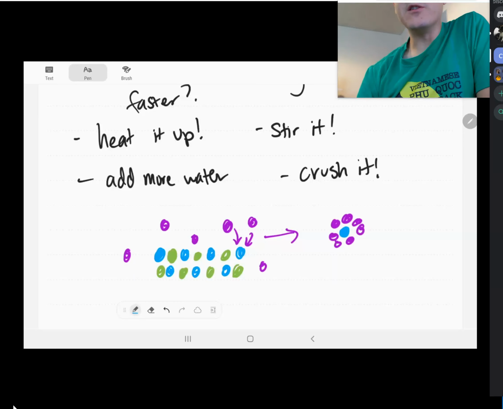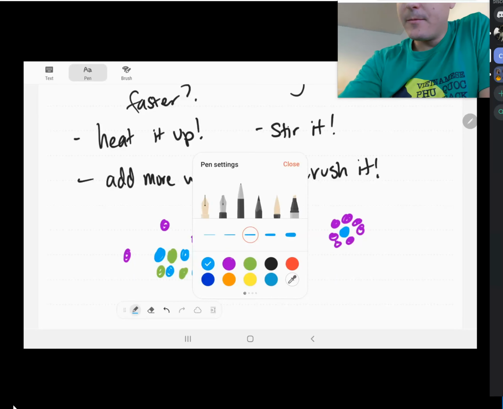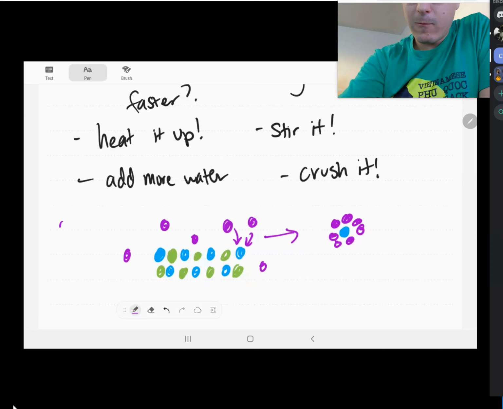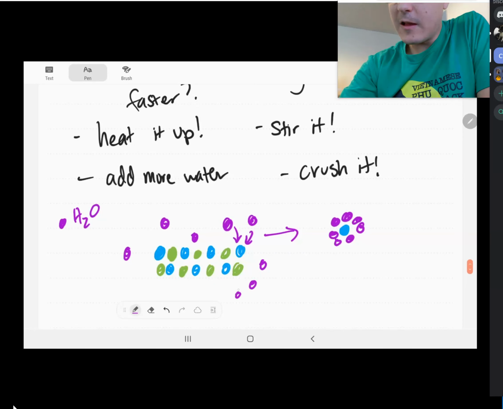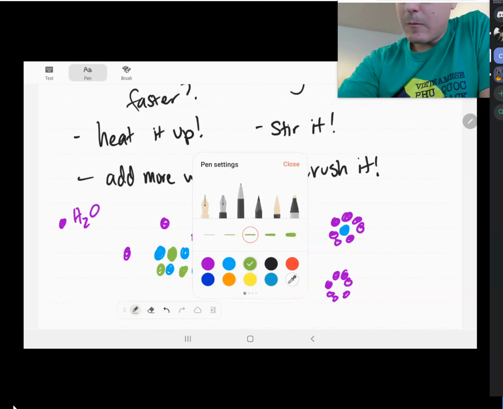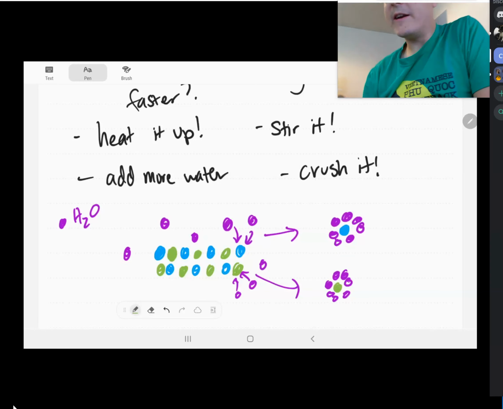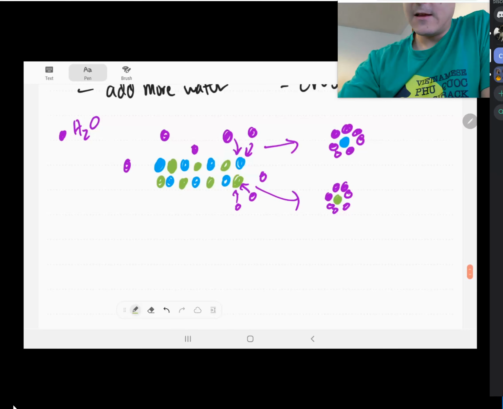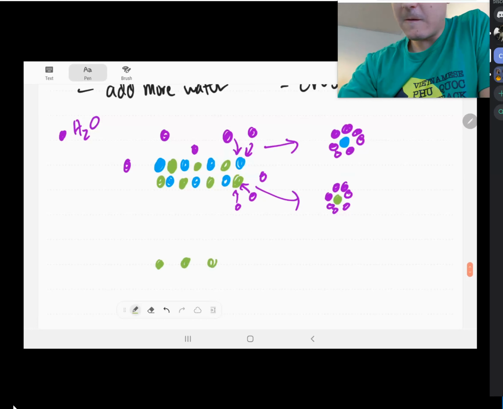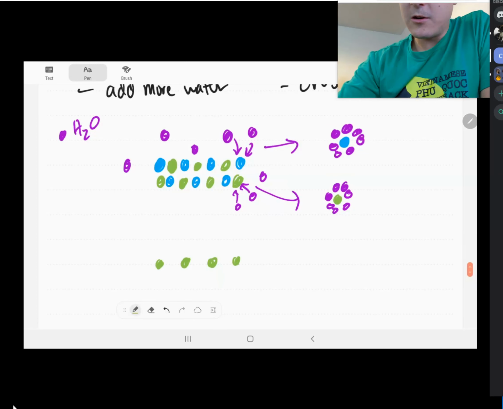Okay, so the purple is water, right? And the same thing here. Other water molecules will go ahead and take this one off. Alrighty, eventually, I'm just going to do one layer because it's going to take way too long to draw.